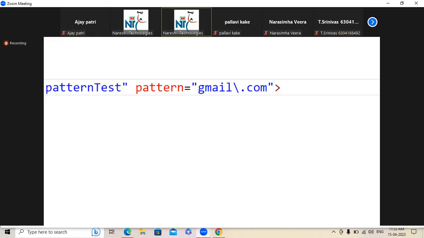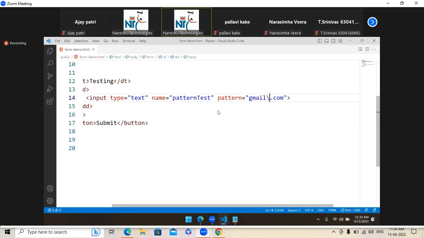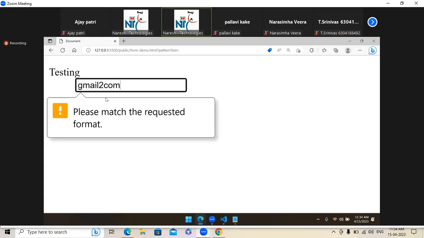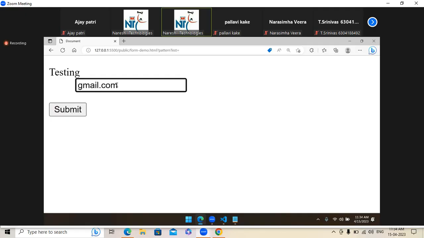Now dot is used as the character dot, not as a meta character. In that case, now I am typing gmail.com, and it is not allowed now because here it should be only dot. Then it is allowed. Anything else is not allowed.